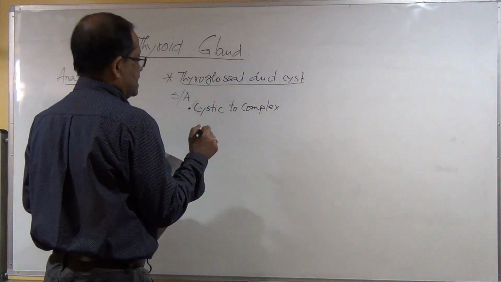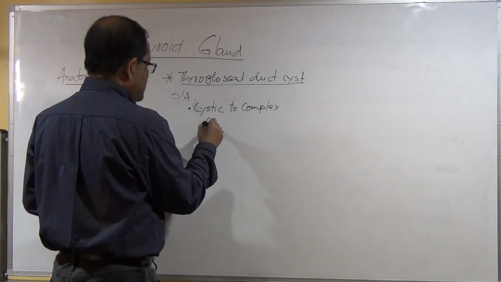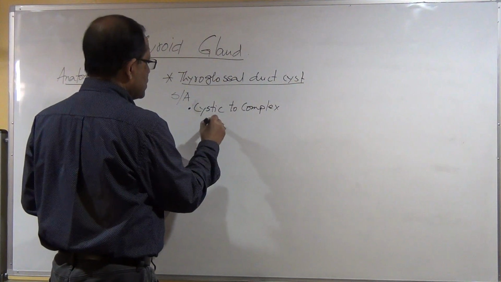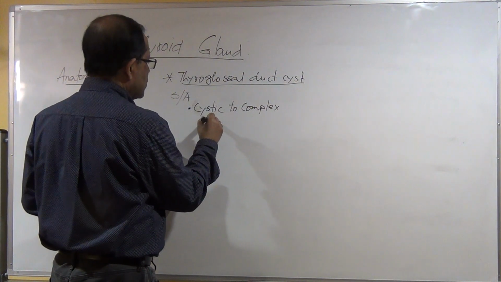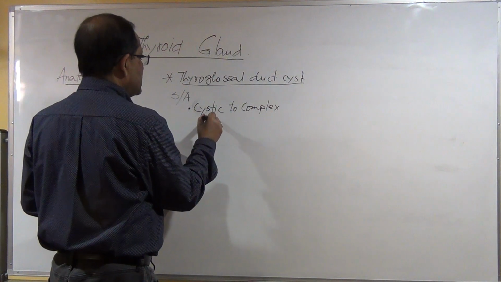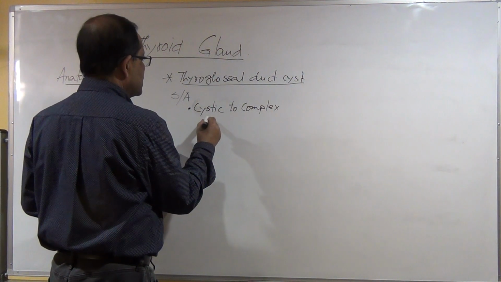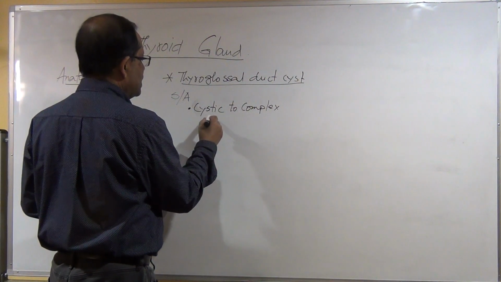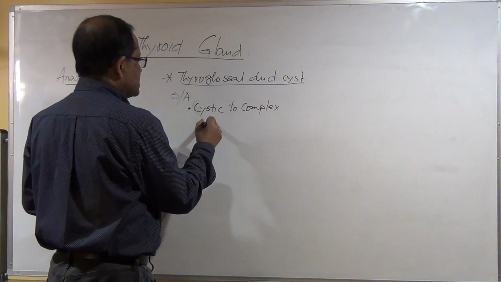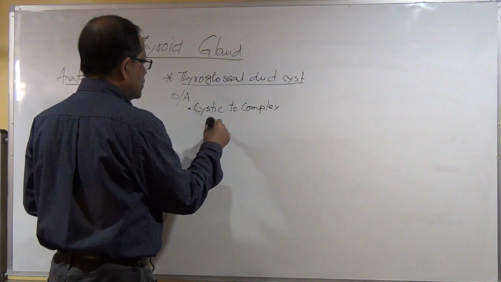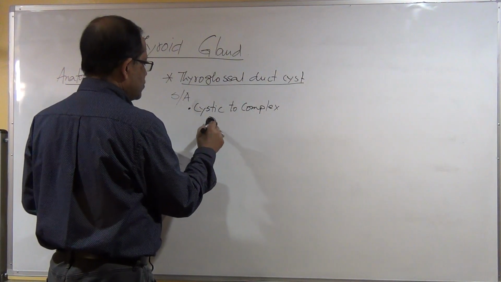When it is cystic, it is completely cystic. It will have a smooth thin wall, anechoic inside with no refracting shadow, and there will be enhancement.